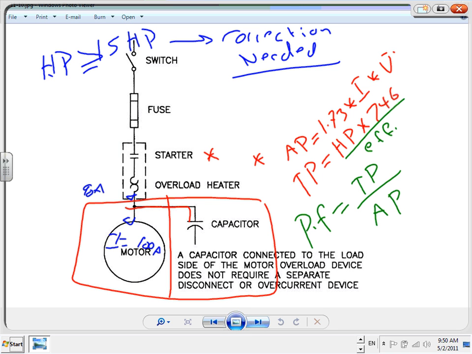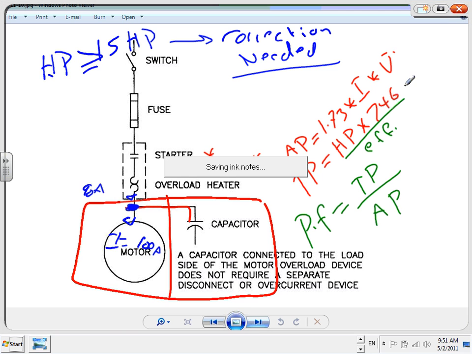This is the demarcation point; after this point, it becomes 90. I'm just giving this example, 90 amps. So you size the overload based on 90 amps, the starter based on 90 amps, and the fuse based on 90 amps. That's the best way of doing it.